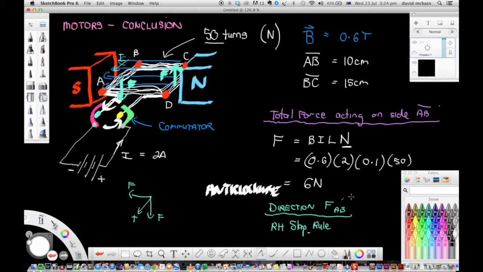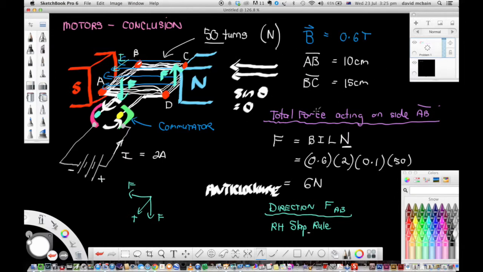Okay, well, hopefully you have thought about it, and you might come to the conclusion that side BC is in fact in the same direction as the field line. In other words, they are parallel, which means the angle between the conductor and the field lines is 0, and the sine of 0 is 0.